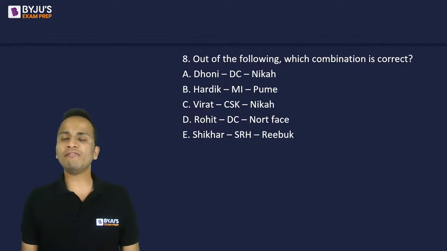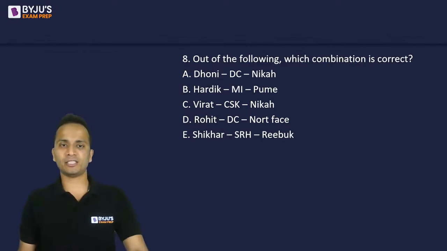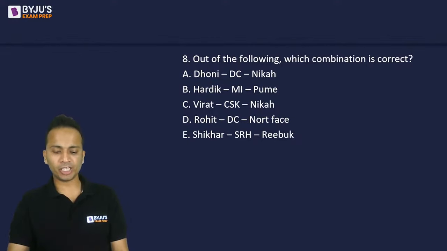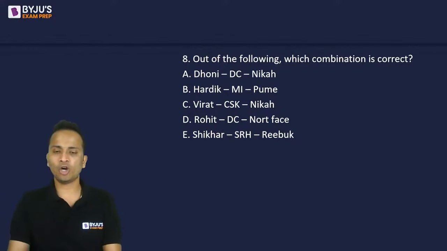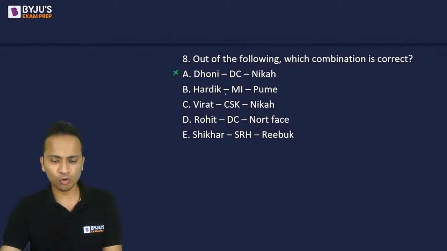Next question, question number 8. Out of the following, which combination is correct? Let's check one by one. It says Dhoni, DC and Nike. No, Dhoni likes Adidas, so option A cannot be the answer. Option B, Hardik, MI, Puma. Hardik does not belong to MI, so cancel.